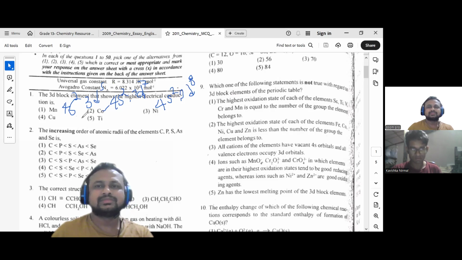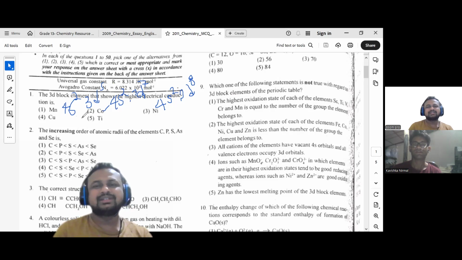Do you remember the electronic configuration of copper? You mixed up chromium and copper. Chromium is 4s1 3d5.